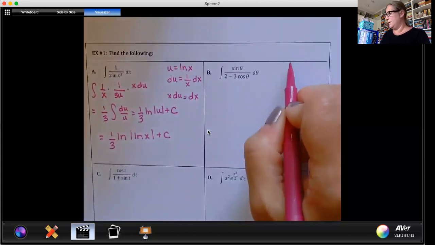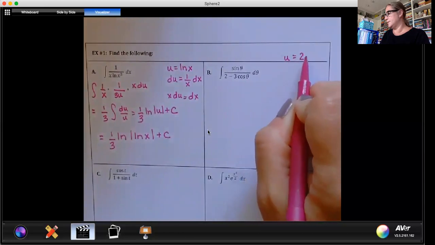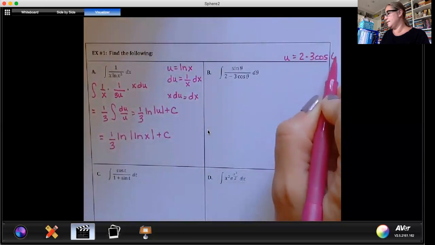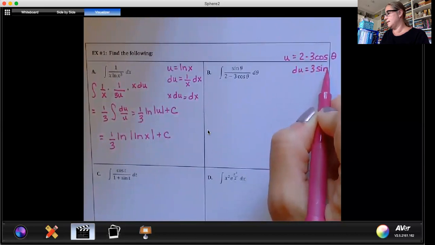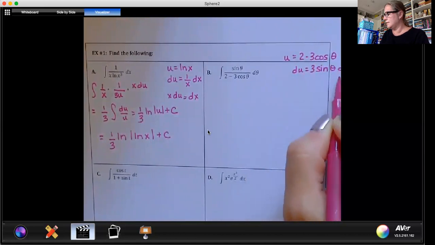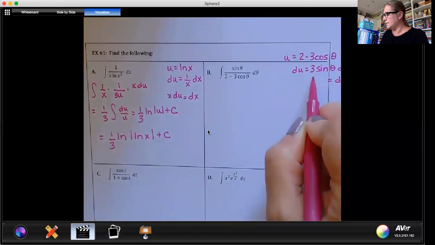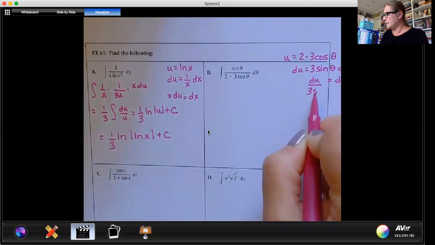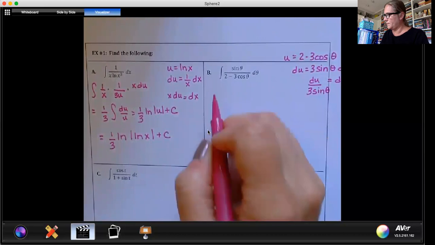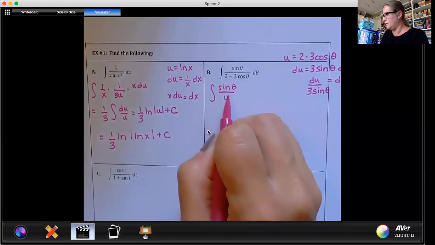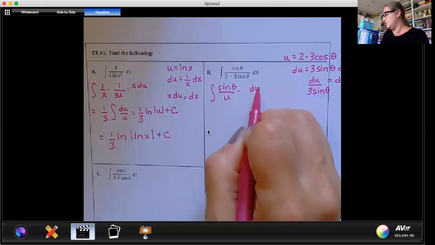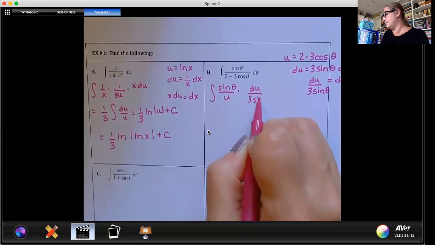Taking a look at part B, u equals 2 minus 3 cosine theta. du is 3 sine theta d theta. So d theta is du over 3 sine theta. The antiderivative of sine theta over u times du over 3 sine theta.